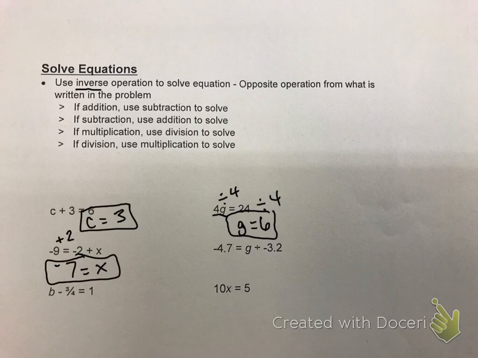So, another way to look at that problem so that it hopefully makes a little bit more sense. If we had, so we'll just rewrite it, x plus negative 2 equals negative 9. Remember, the commutative property tells us that we can move around problems when they are addition, move the numbers around.